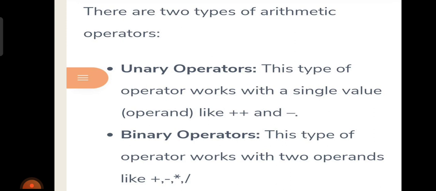Unary operators work with a single operand, like plus plus and minus minus. Binary operators work with two operands, like addition, subtraction, multiplication, division.